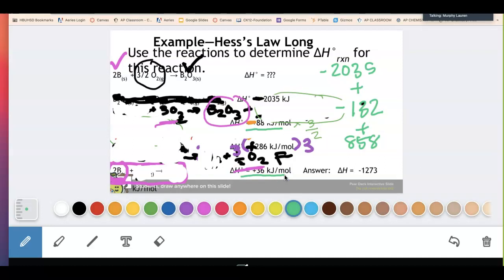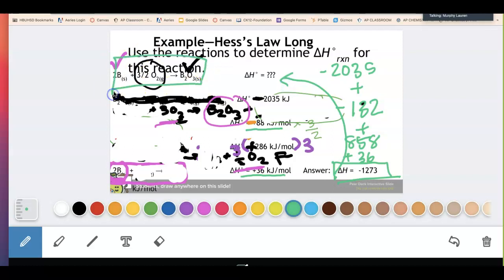We left that one completely the same, which is a 36. So negative 2035 plus negative 132, sorry, plus 858 positive plus 36, and you get negative 1,273. Again, exothermic.